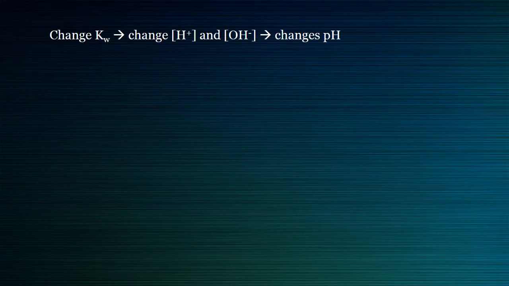So if we change the Kw value, you're going to change your hydrogen and hydroxide ion concentration as well. And that means you're going to change the pH. And so if it's no longer 1.00 times 10 to the negative 14 as its standard, it may then change what H and OH look like for a neutral pH.